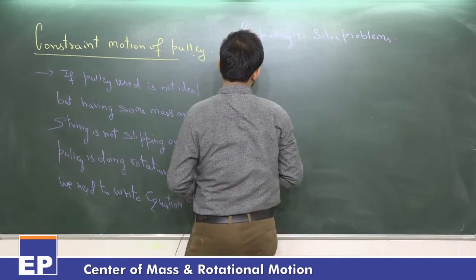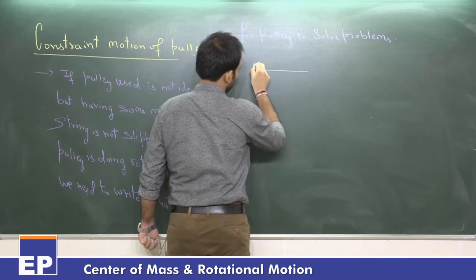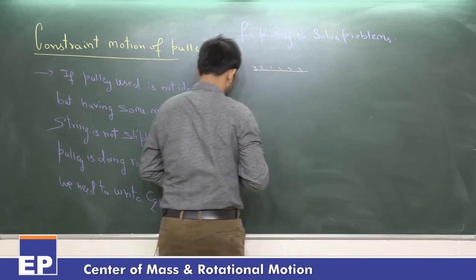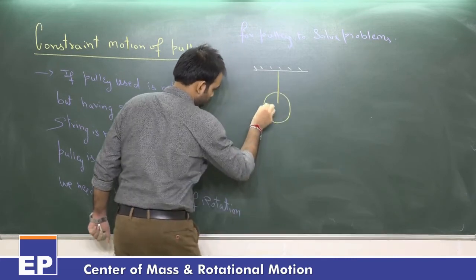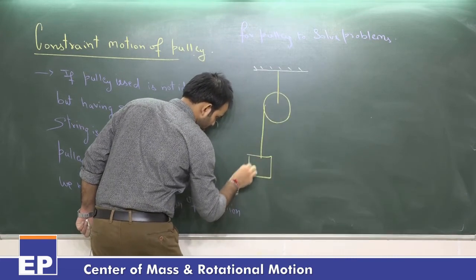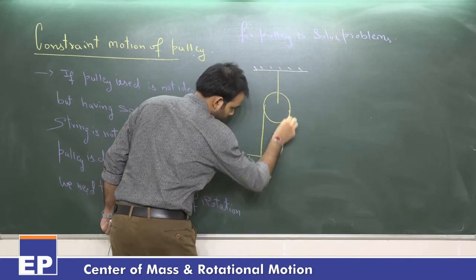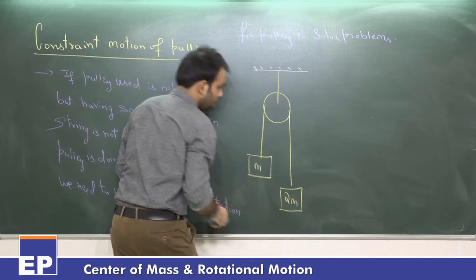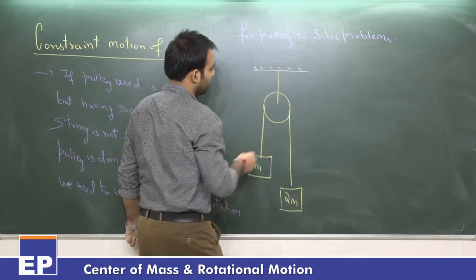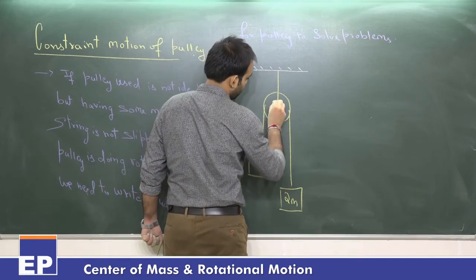Let's suppose you are taking this system. This is a pulley connected to it. Here there are two masses, m kg and a mass of 2m. But this time the pulley is not fixed. It can rotate.